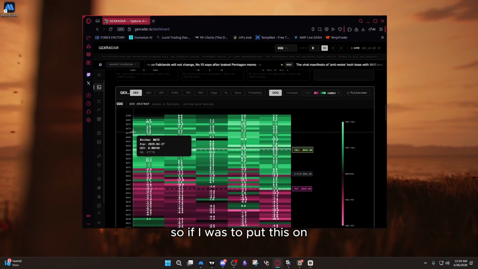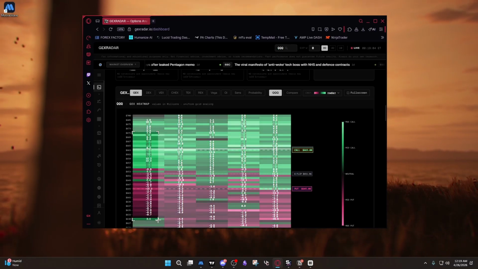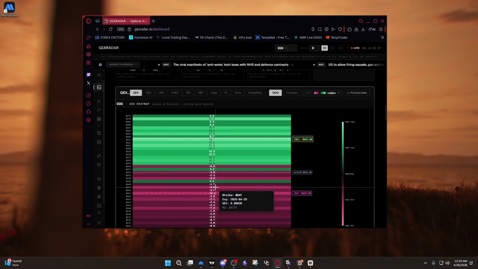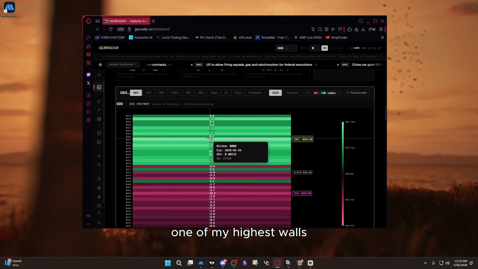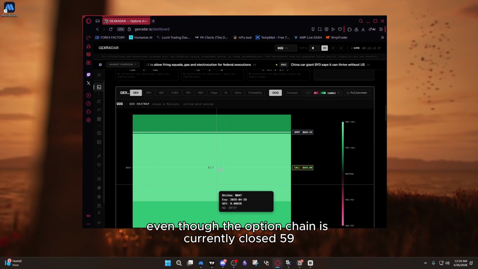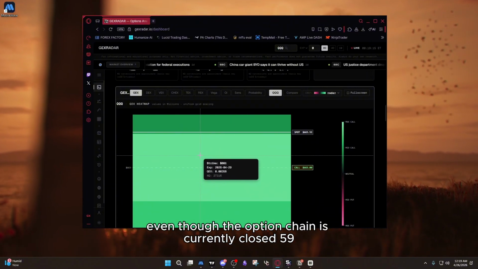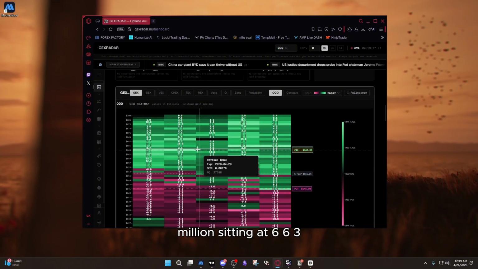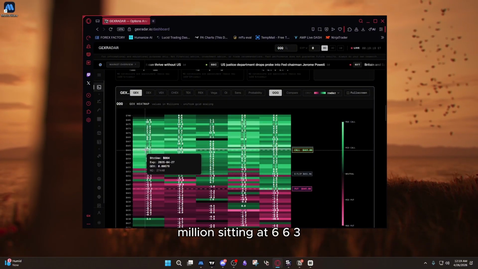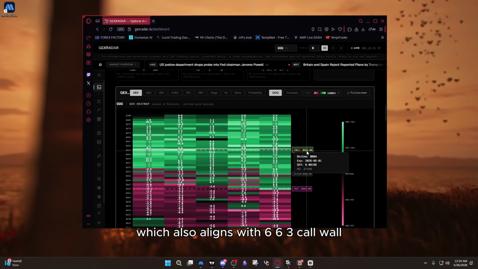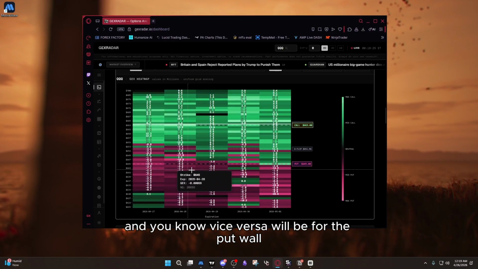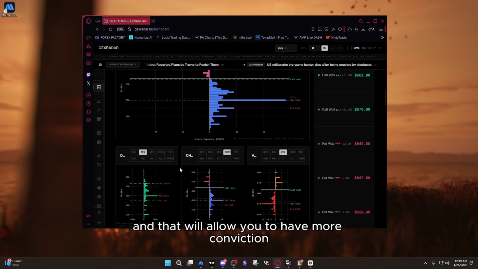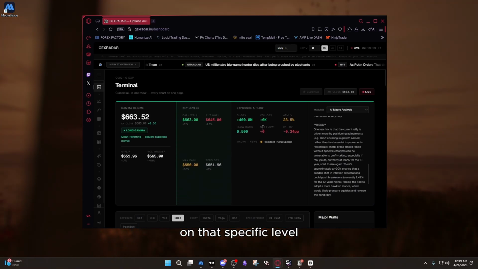So if I was to put this on 0 DTE, I can see one of my highest walls, even though the options chain is currently closed, 59 million sitting at 663, which also aligns with the 663 call wall, and vice versa would be for the put wall, and that will allow you to have more conviction on that specific level.